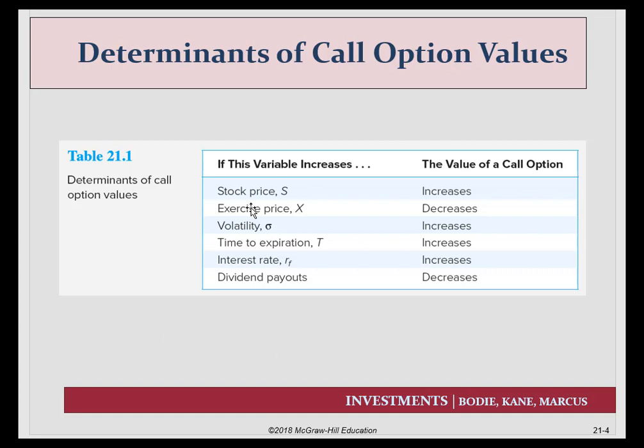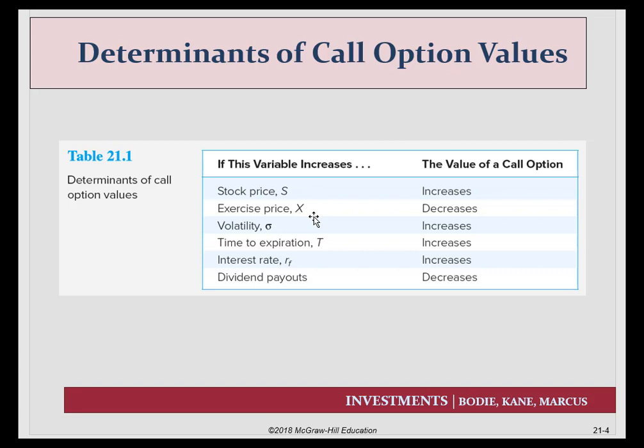So if the stock price goes up, then the value of the call goes up because, again, that's why we're placing this bet. Now, what about the exercise price? If the exercise price gets higher, that means it is more difficult for the option to have value. So as the exercise price goes up, the value of the call declines, moving in the opposite direction.